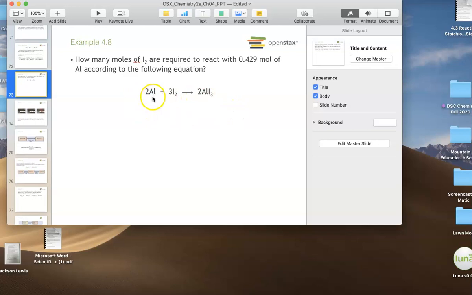For example, 2 moles of aluminum yields 2 moles of aluminum iodide. You could look at aluminum versus iodine, or iodine and aluminum iodide. So, 3 different possibilities here.